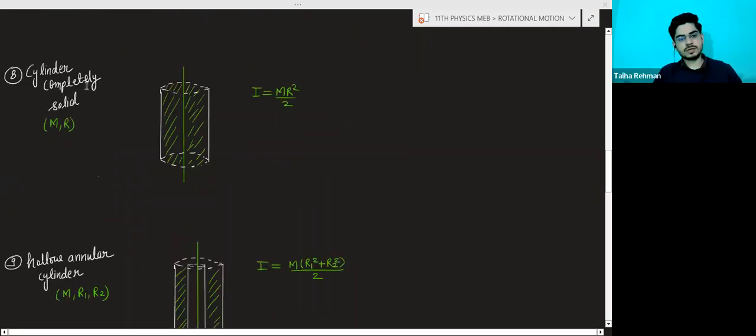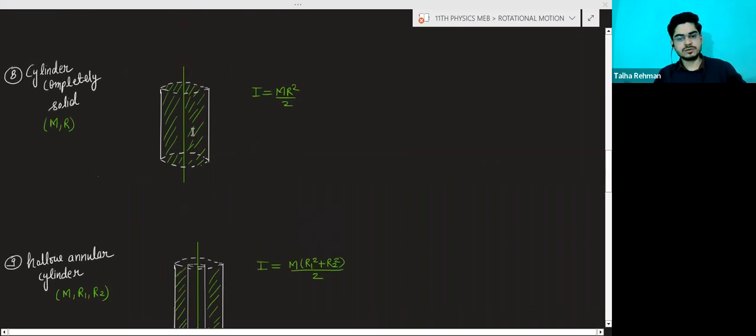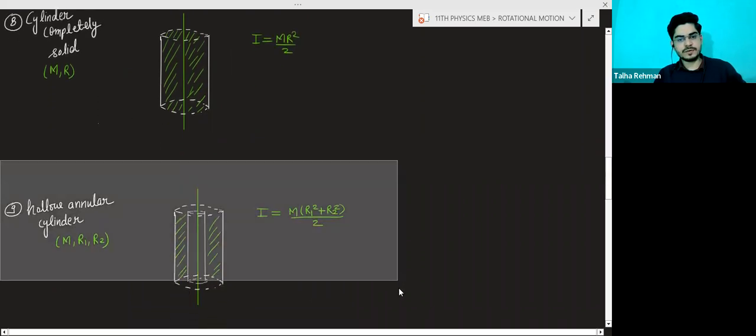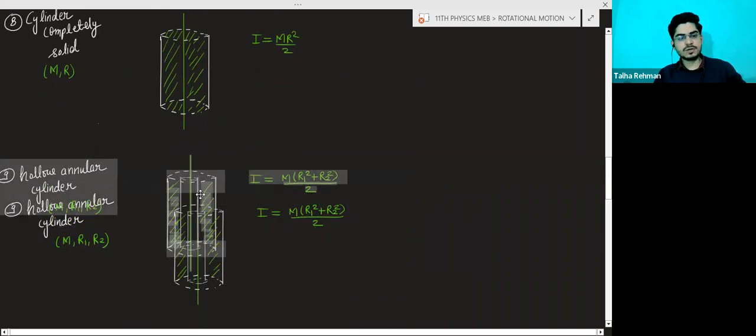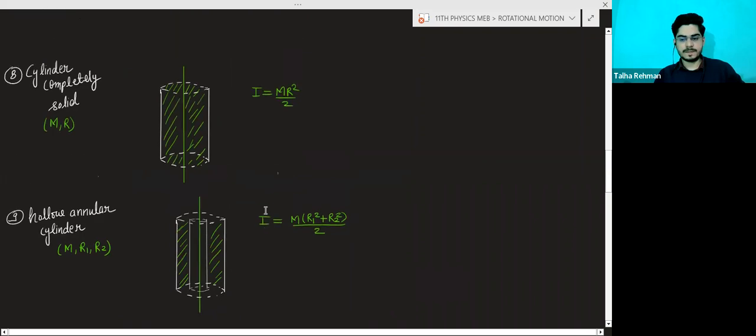Okay, so this is your completely solid cylinder, MR square by 2 about the axis of the cylinder. Write down this also, and after that you will have this annular cylinder, the hollow annular cylinder. This cylinder has some thickness also.